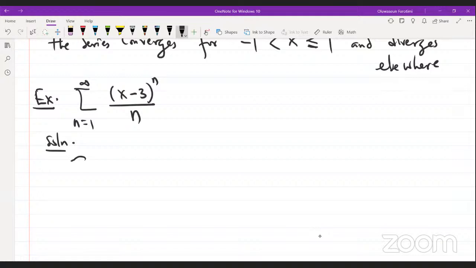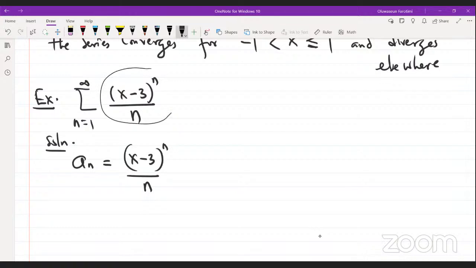We go by saying let a_n be (x minus 3) to the power of n divided by n. Of course, this is my a_n. What is a sub n plus 1? Wherever you have n, plug in n plus 1.